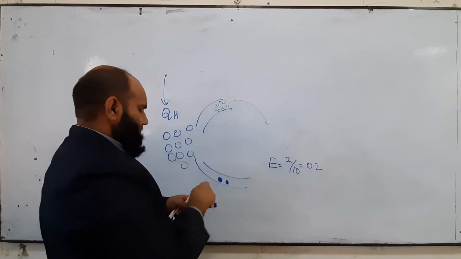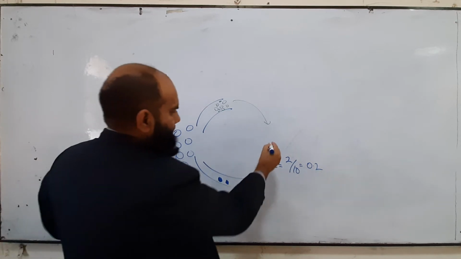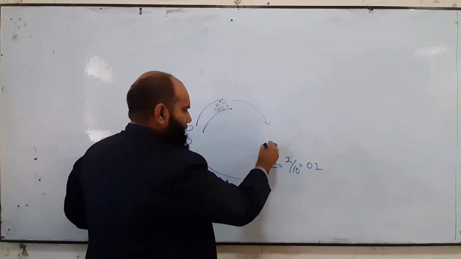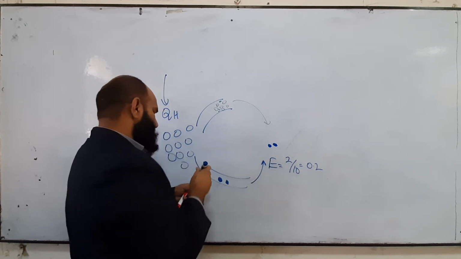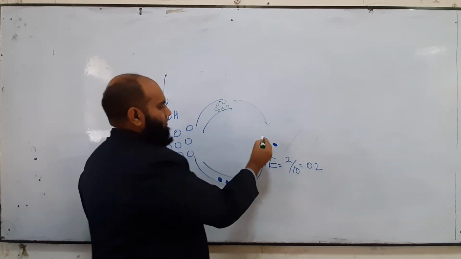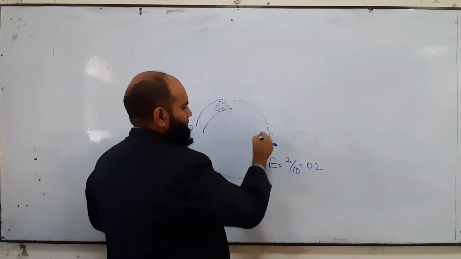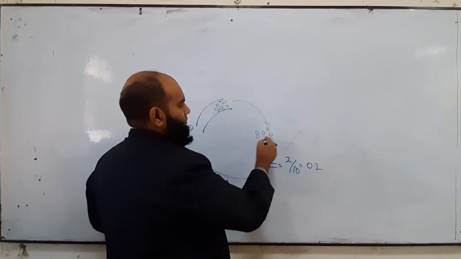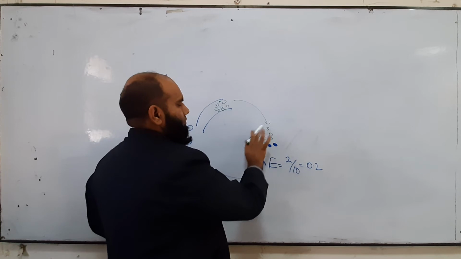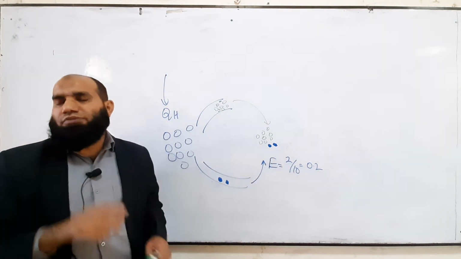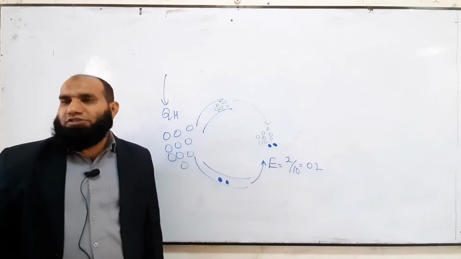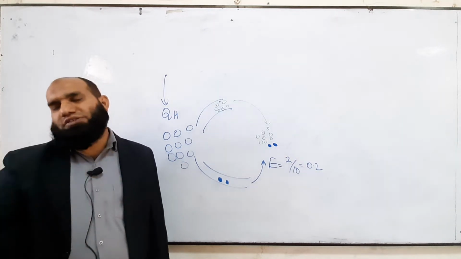Now we have these 2 molecules which are metabolites, coming from this path, and 8 molecules coming from the other path. The organ is the same, but some molecules are getting metabolized and some are just escaping.